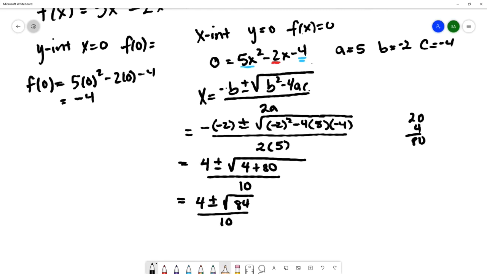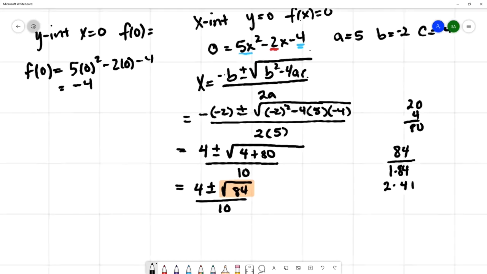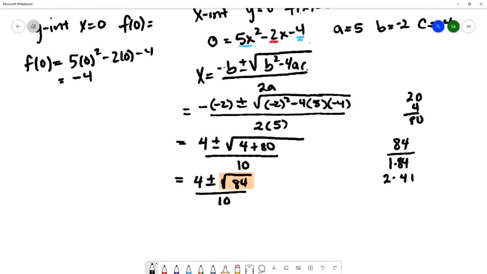And then I want to simplify the radical. And when you simplify a radical, you're looking for perfect square factors. So let's think about the factors of 84. That's 1 times 84, 2 times 42. I was mixing up 2 and 4 there.